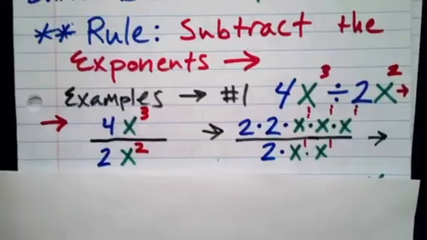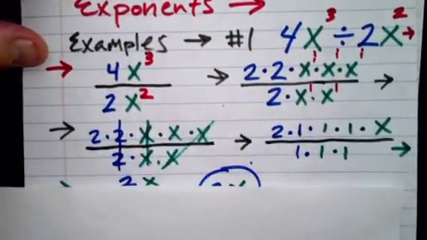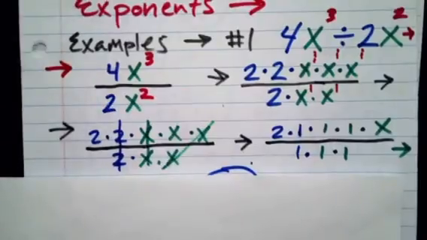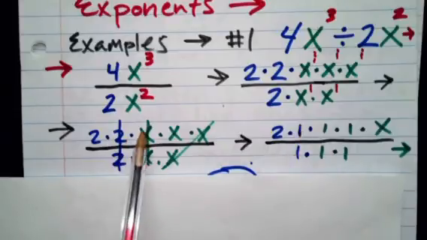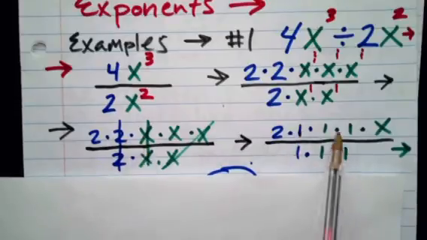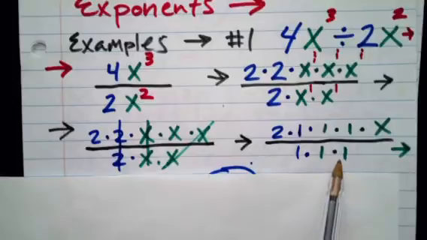So you could just start simplifying by creating these values, canceling them out, and writing a 1, right? So that's what I did here. 2 over 2 is 1, or I'm showing you 1 over 1. x over x is 1, or here I'm showing you it's 1 over 1, right? And again, x over x is 1. That's why we're multiplying times 1.